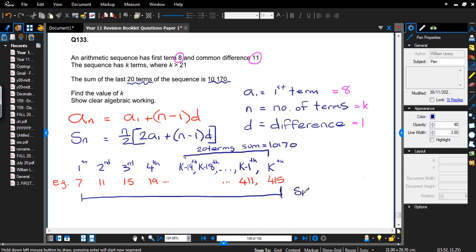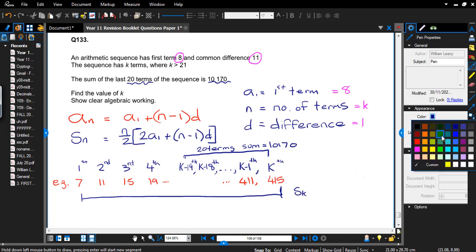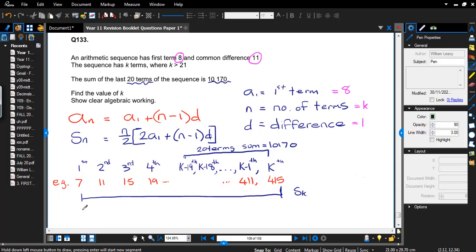And then if we get the sum of all the terms up until the k minus 20th term, so the sum from the first term to the k minus 20th, what's that going to be? It's going to be s of k minus 20.